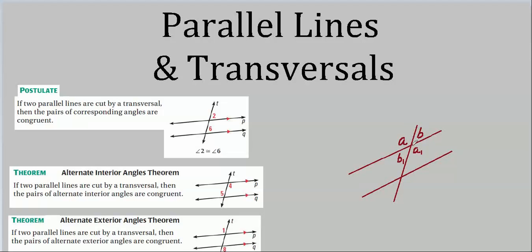Now, these two are equal because they're vertical angles. These two are equal because they're vertical angles. What about down here? Well, this angle is equal to this one because they're corresponding angles. I'm going to call that A2. Now, this angle must be equal to this one because they form a corresponding pair. So I'll call that B2.